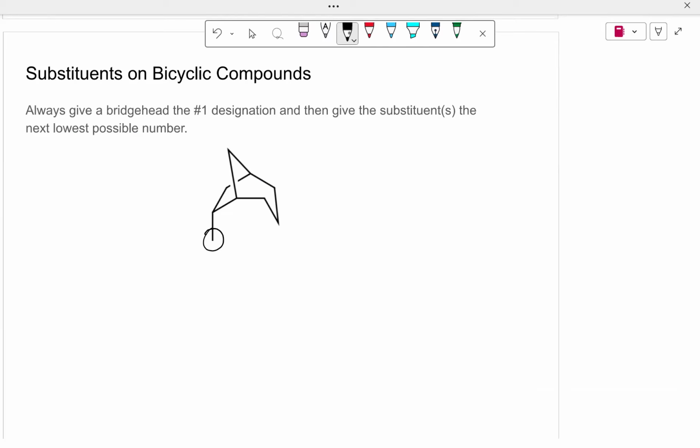But you always give one of the bridgeheads the number 1. That's where you start counting. Okay, so I'm going to start here. Actually, I'll mark it with a different color, and I'm going to give that number 1. Now, I can either go this way or this way.